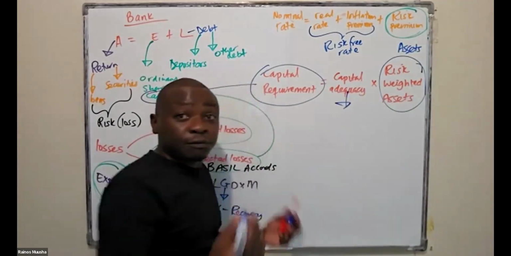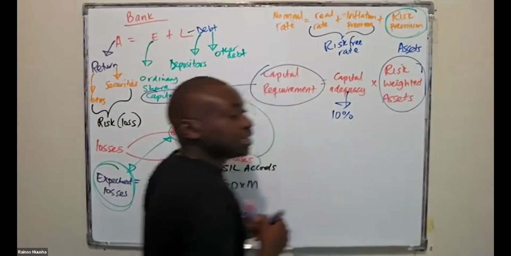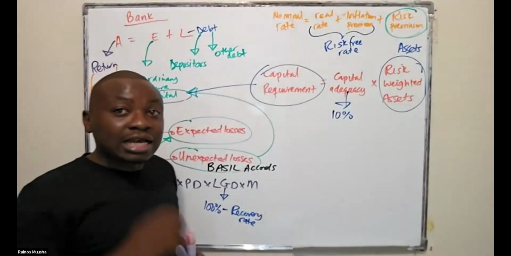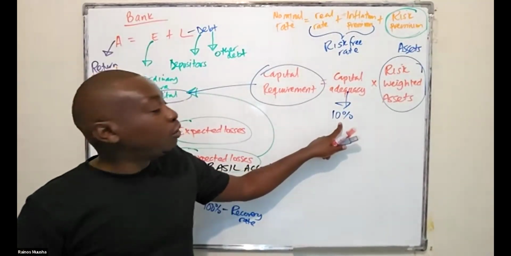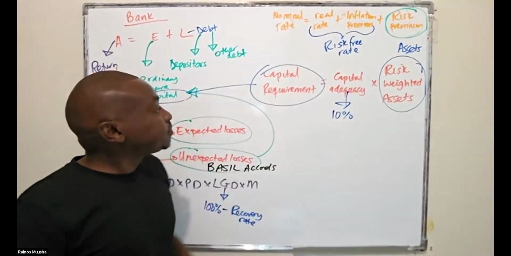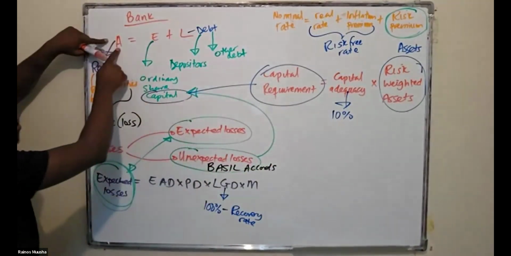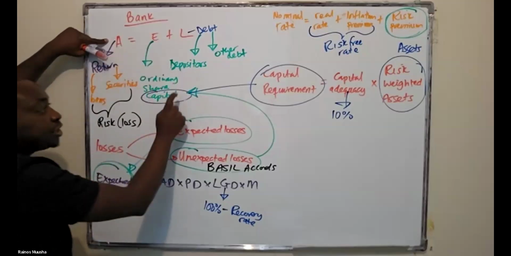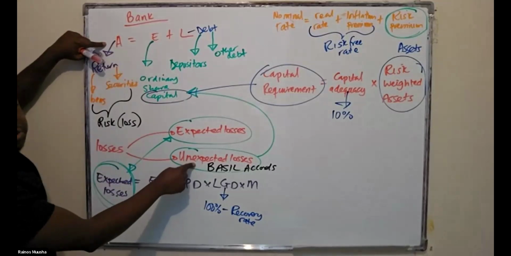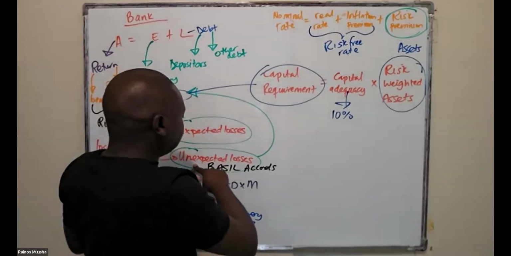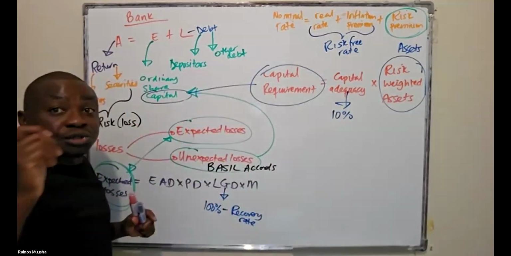Here in South Africa, the capital adequacy is usually 10%. So unless otherwise stated, you assume a capital adequacy of what? 10%. Because we're trying to see how much capital we need to absorb these losses from our assets, especially the unexpected losses, we say 10% of the value of our assets which are exposed to risk.